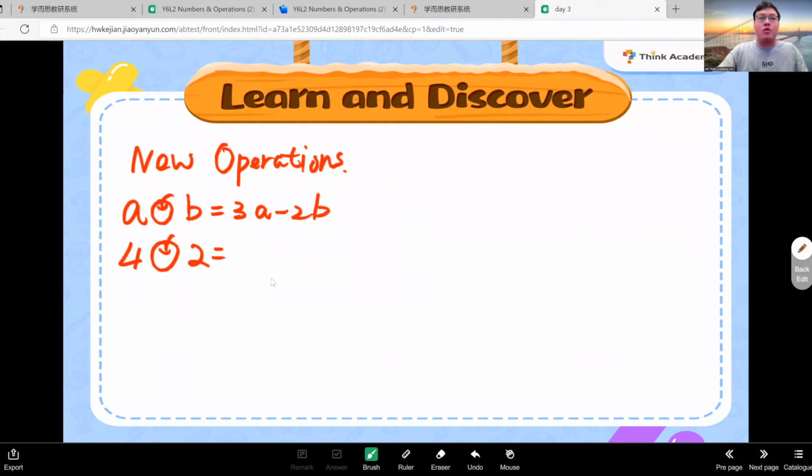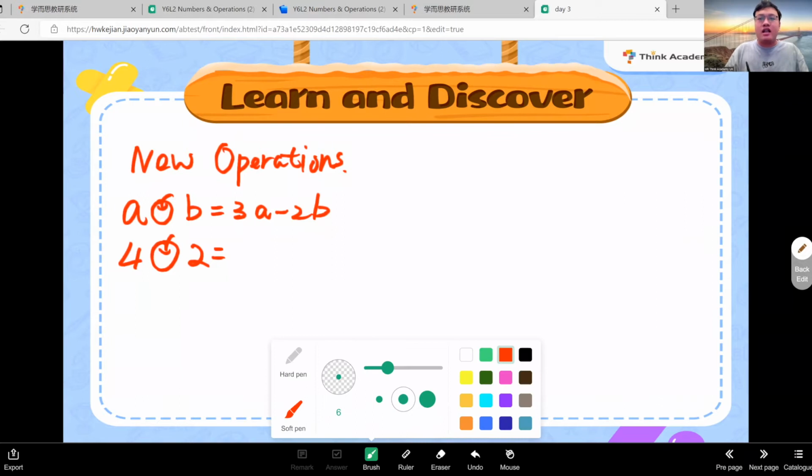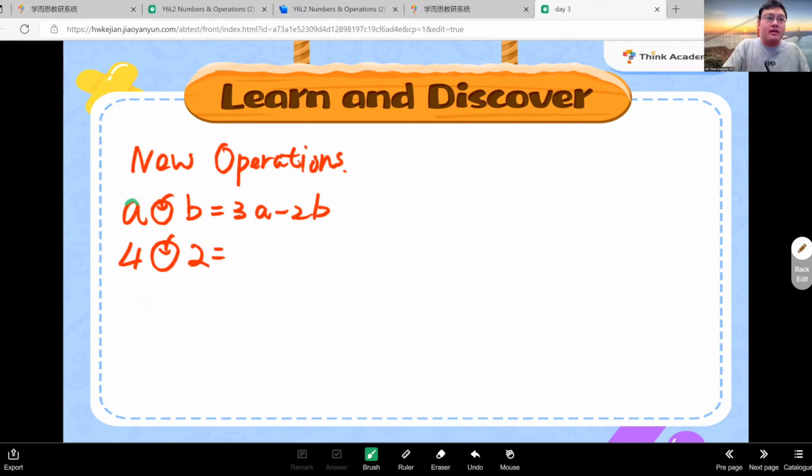So you just copy down what's happening here, right? As for A, let's use another color. I'm going to use the green one. So for A, it's the green one, and you're going to replace that green one by 4. So it's 3 times 4 first.